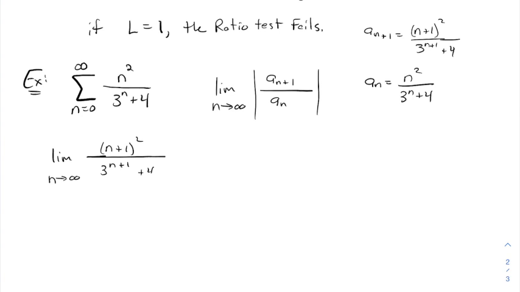And then we're supposed to do that over the other thing, n squared over 3 to the n plus 4. Now, that gets ugly quickly, so instead of writing it out like this, I'm going to go ahead and just invert and multiply. So instead of dividing by a sub n, I'm going to multiply by the reciprocal of a sub n.